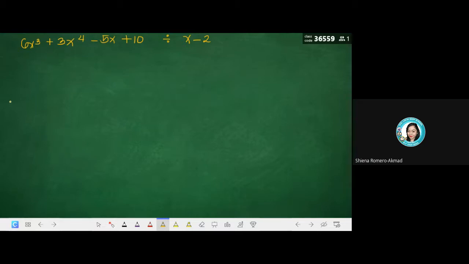Ano pong napansin nyo dito sa given natin? Kompleto ba siya? Yes, Justin? Hindi po nakaayos yung term. Alright. Hindi naka-arrange. So, mapapansin nyo, we have 6x cubed and 3x raised to 4.